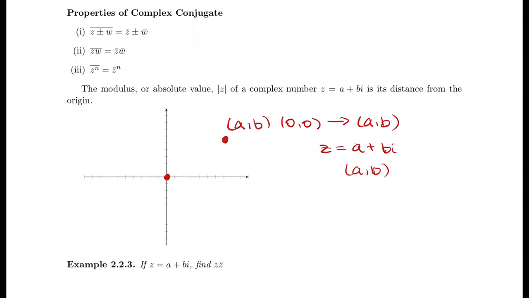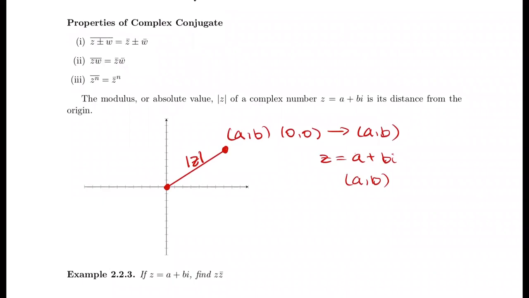So that means if we draw a line here, what this line represents is our distance, or the norm, or the modulus of z. So this is the modulus of z. Now the formula for the distance, we should be kind of familiar with it.